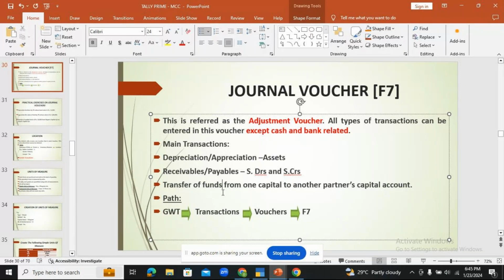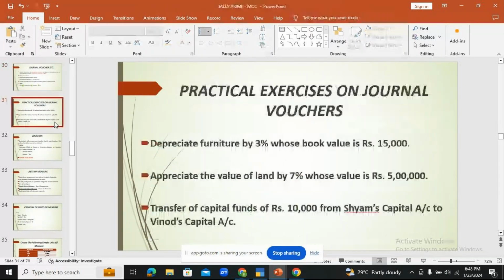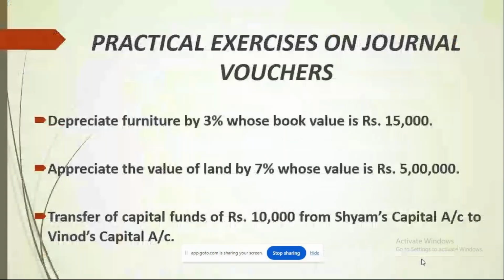Okay, so we have the transactions being put up here. The first transaction we have is where furniture is depreciated by 3%, whose book value is 15,000. So I've got three practical exercises of journal vouchers.